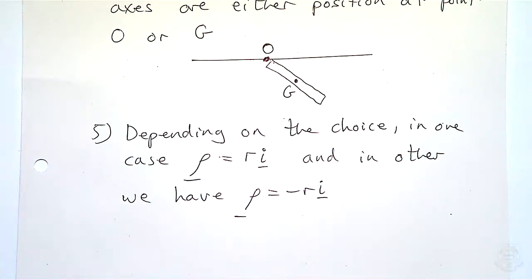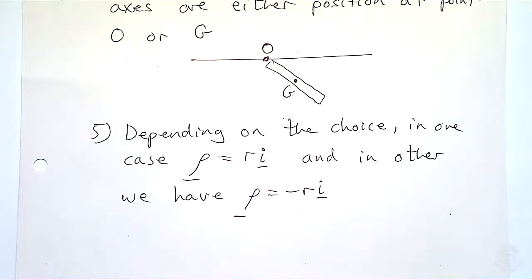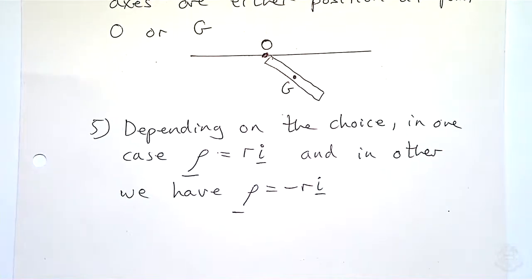That's all it is. But this is a point that often causes a lot of confusion when people are going through the algebra of these examples and trying to work out what's happening.